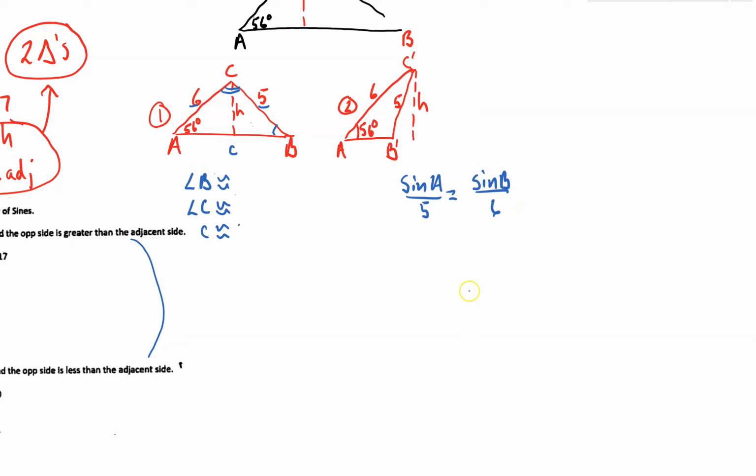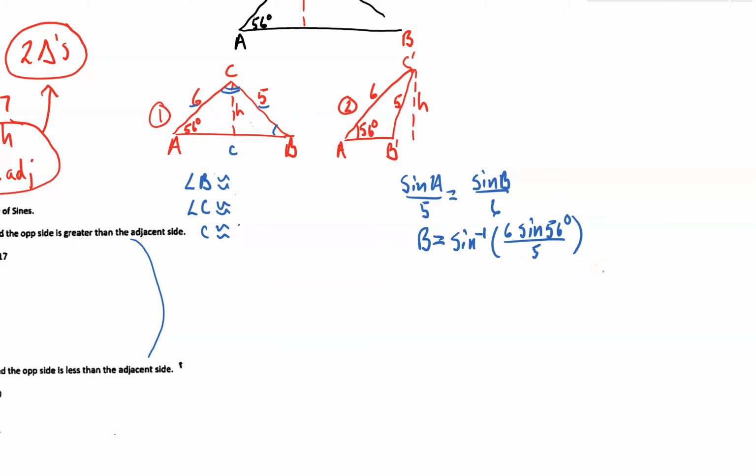So now I'm going to solve for sine B. Well, that means multiply both sides by 6 and take the inverse. So B is going to equal the inverse sine of 6 times sine of A, which in this case is 56 degrees, and I'm going to divide that by 5.